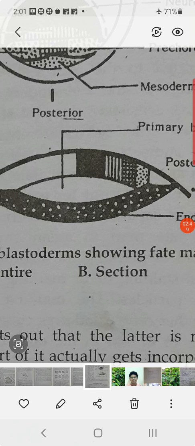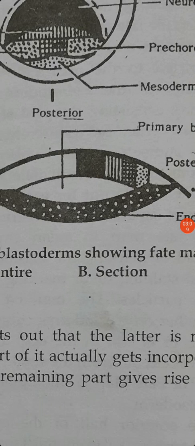Inside this primary blastocoel, one cell layer appears, and after the formation of endoderm, the upper layer is called epiblast or ectoderm. Yesterday I showed you the diagram: the hypoblast or primary cells are there, and ultimately they become mesoderm, and the upper one becomes the ectoderm.